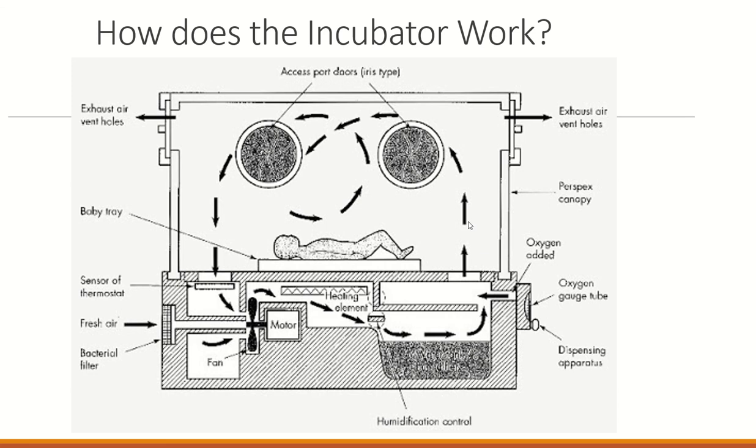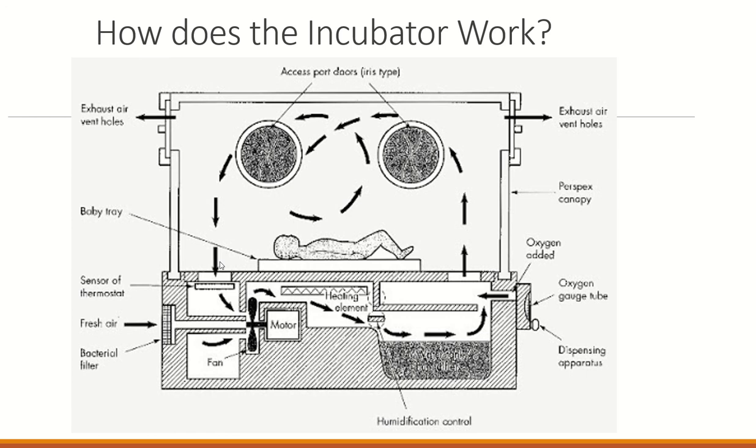But as it rises, it continues to cycle, and it cools, and it falls. Now, when it falls, there is a thermostat sensor here. What it does is that this sensor senses or is able to recognize the particular temperature that the air has fallen to.